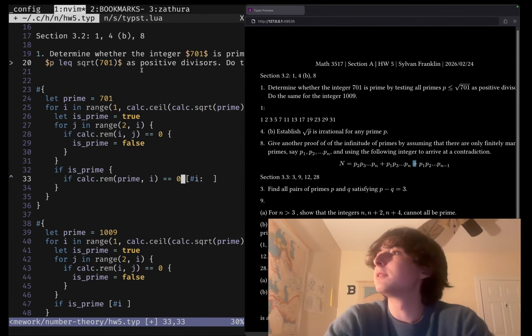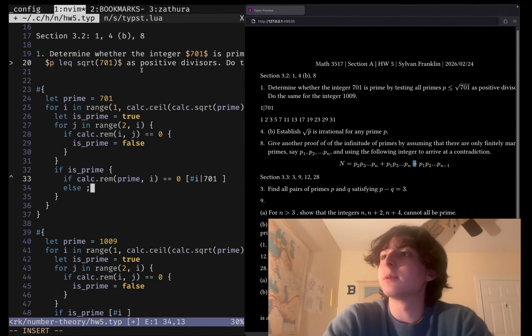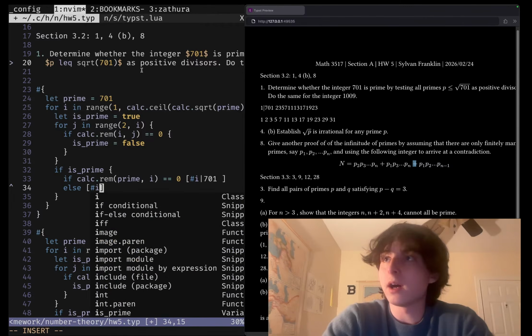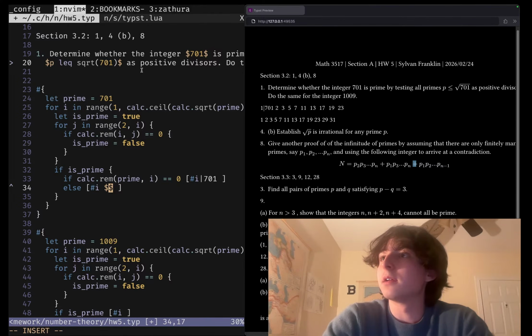And we can do this, which is only 1, so it looks like it's going to be prime. And then we can say 701, or we could say 1 divides 701. Else we can say I divides dot not prime.